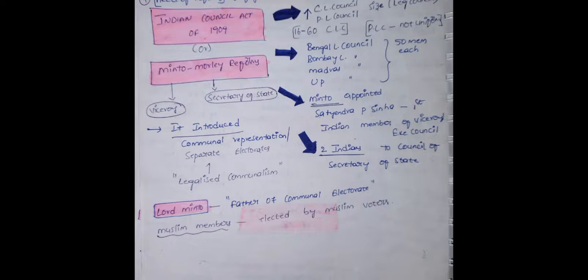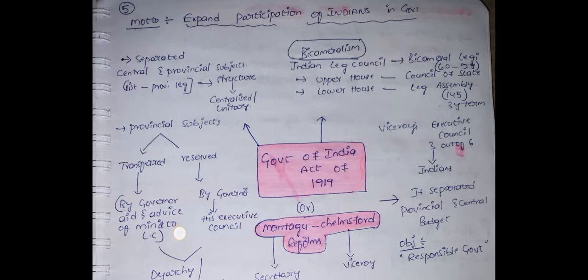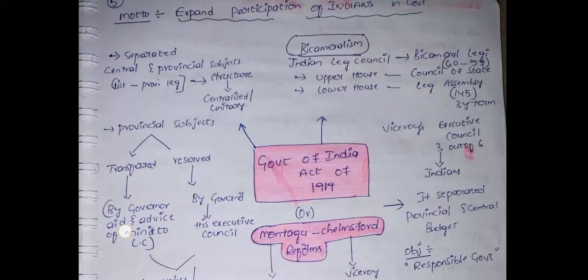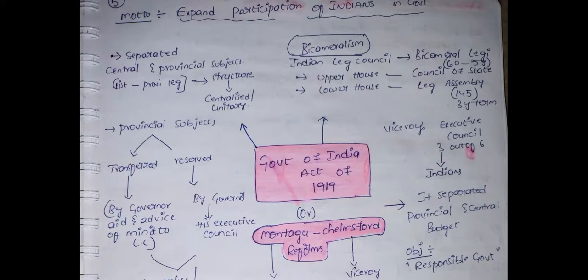Next act, the Government of India Act 1919. This is also known as the Montagu-Chelmsford reforms, because Montagu was the Secretary of State and Chelmsford was the Viceroy of India. The main motto of this act was to expand the participation of Indians in government. It separated the central and provincial subjects, but the structure was centralized or unitary.